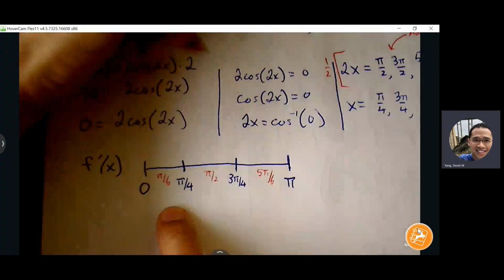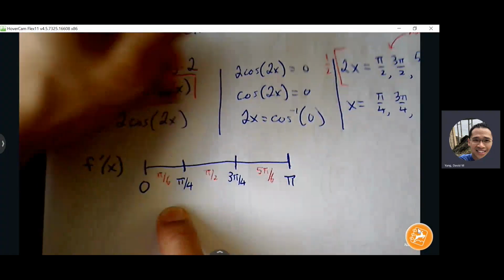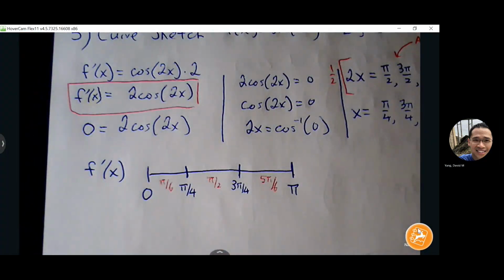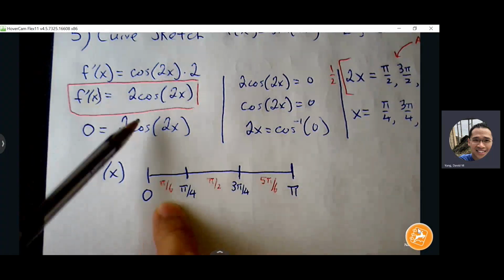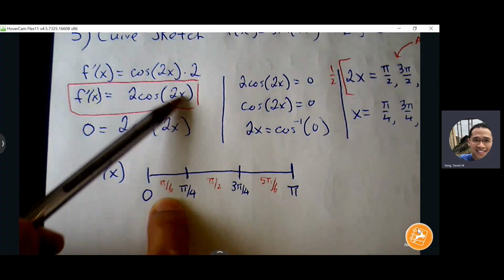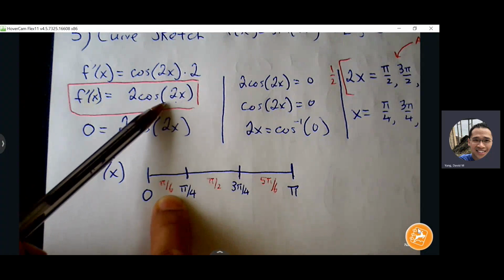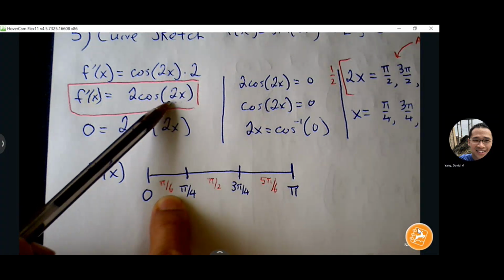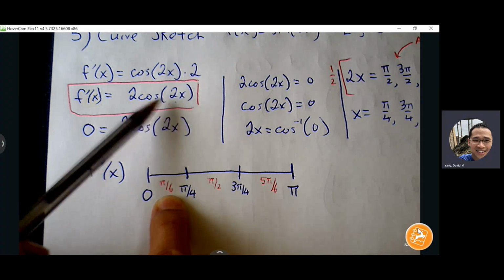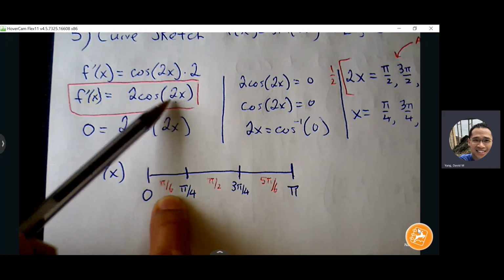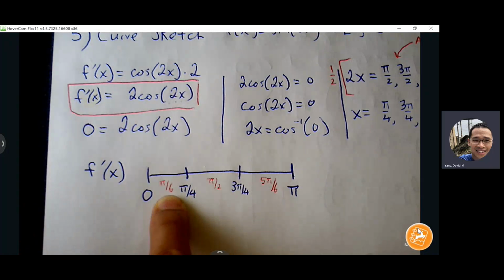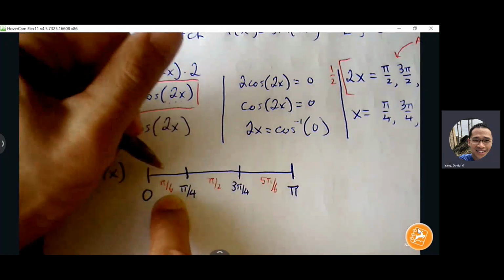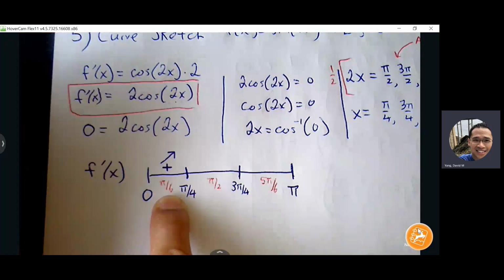Okay. Test this against my derivative function. I'll start off with pi over 6. Pi over 6 goes in for x, but it's not really pi over 6. This really turns into what? 2 pi over 6, which is the same thing as pi over 3. Cosine of pi over 3, that's first quadrant. That's going to be positive or negative? Positive. Okay, so I know that my graph is rising.